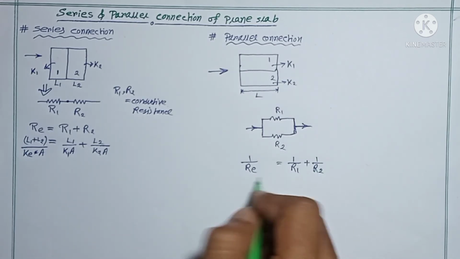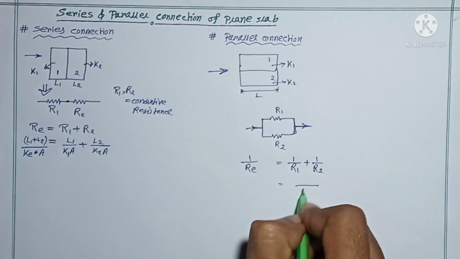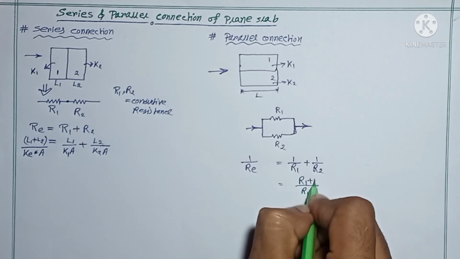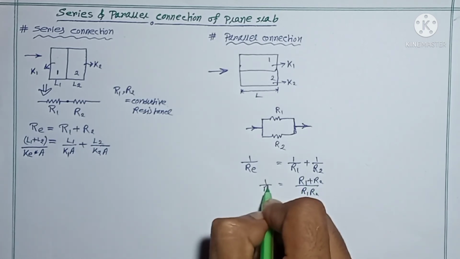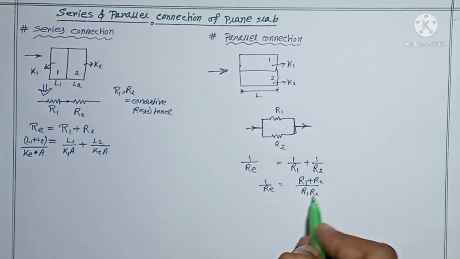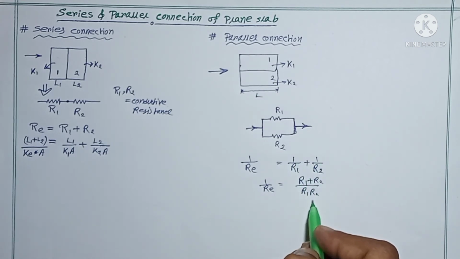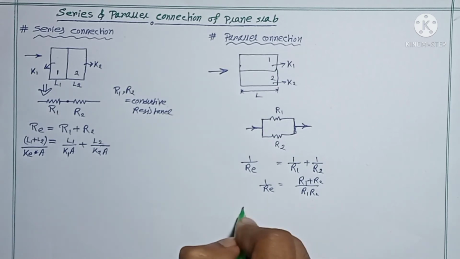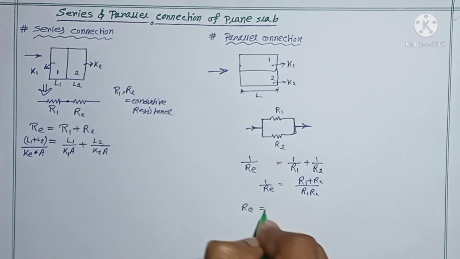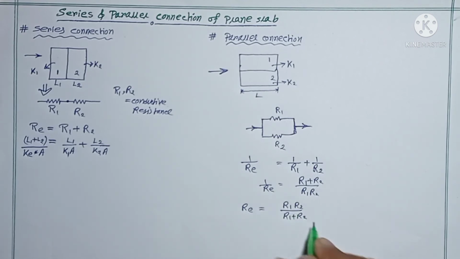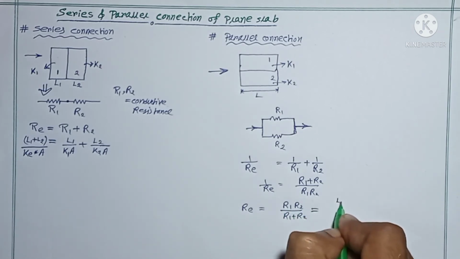Before putting, we can write R1 plus R2 by R1 into R2. Can I write it? Yes. So R equivalent, how can you write it? R equivalent is equal to R1 R2 by R1 plus R2. Am I right?